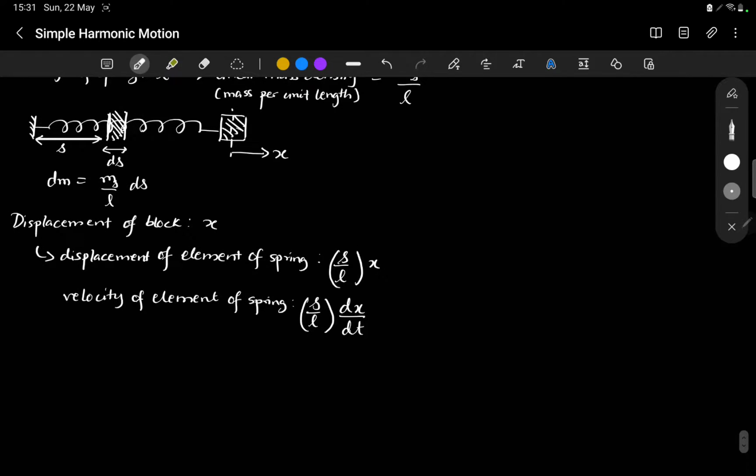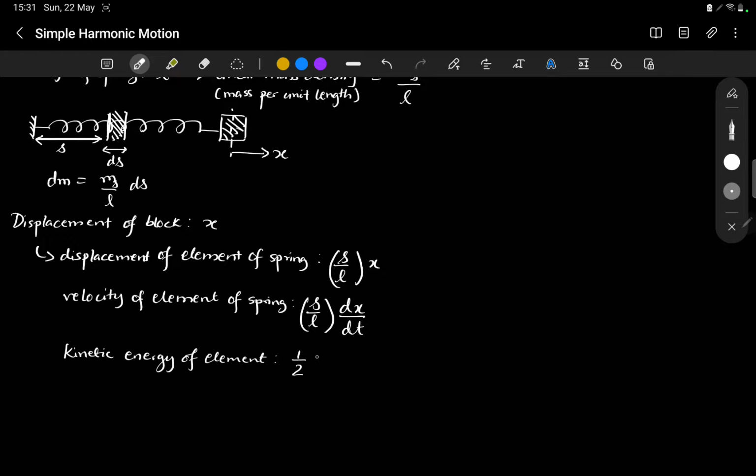Now we can find out the kinetic energy of the element.